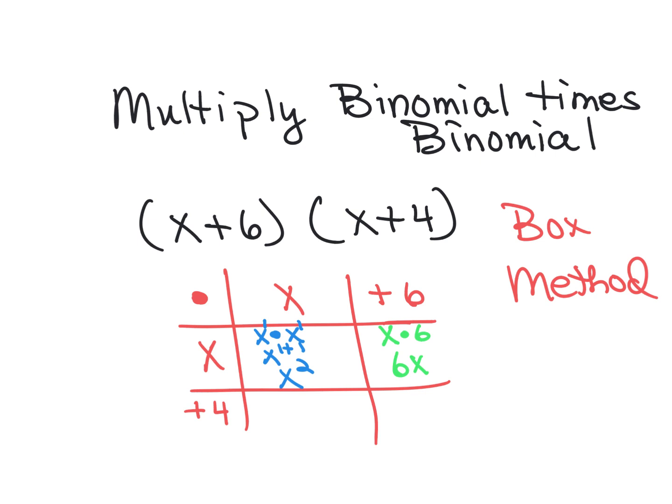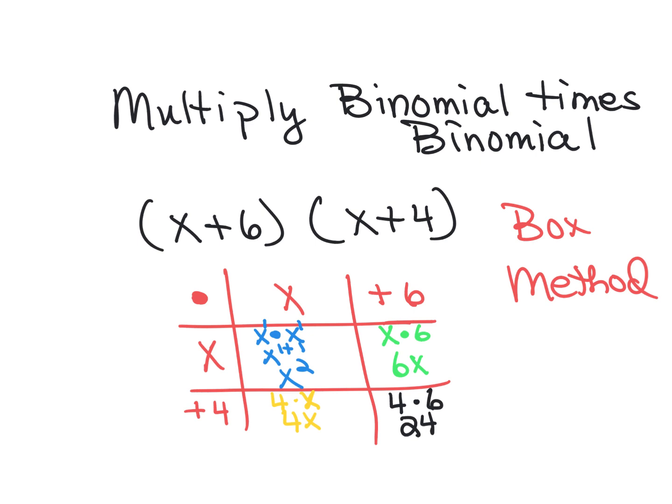To get the second row, I'm going to take the second term on the left, which is 4, times the first term on top, which is x, and 4 times x is 4x. Then to get the last term, I'm going to take the second term, which was positive 4, times the second term on top, which is positive 6, and 4 times 6 is 24.